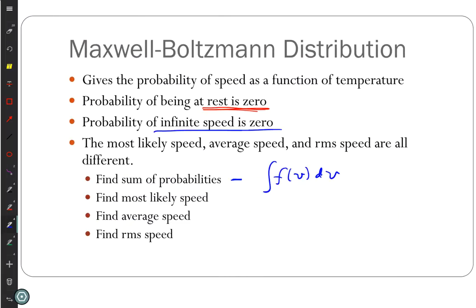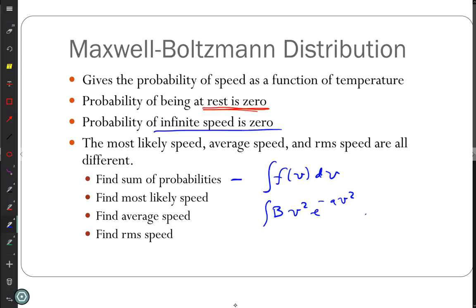So coming back to this here, if I'm going to integrate this over all possible speeds, what's the slowest speed possible? And what's the highest speed possible? Infinity in the non-relativistic approximation that we're using. That's what I'm looking for.